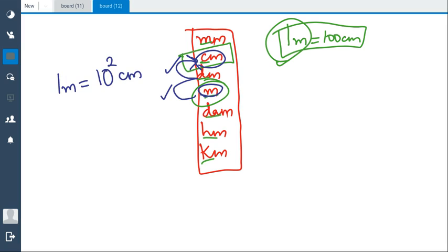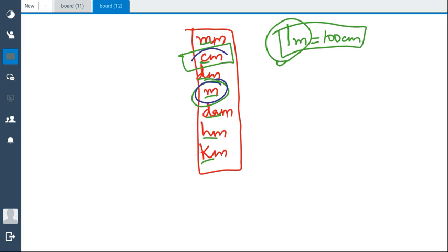Did you understand what I said? No? I'll tell you once again. You need to go from the bigger unit to the smaller unit. How many steps did you jump from meter to centimeter? 1, 2.